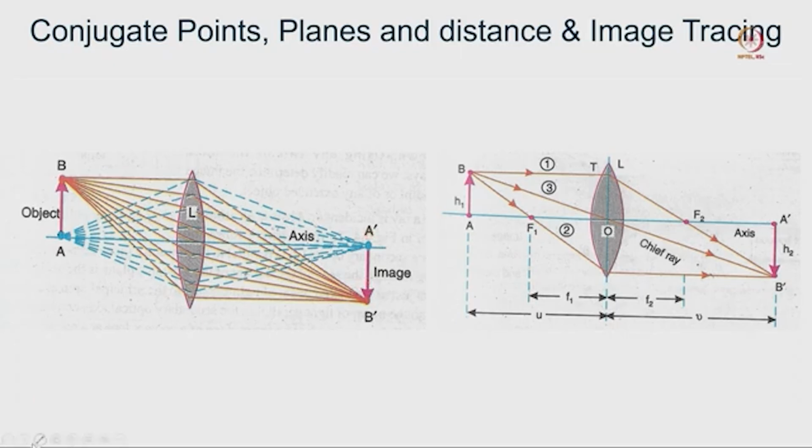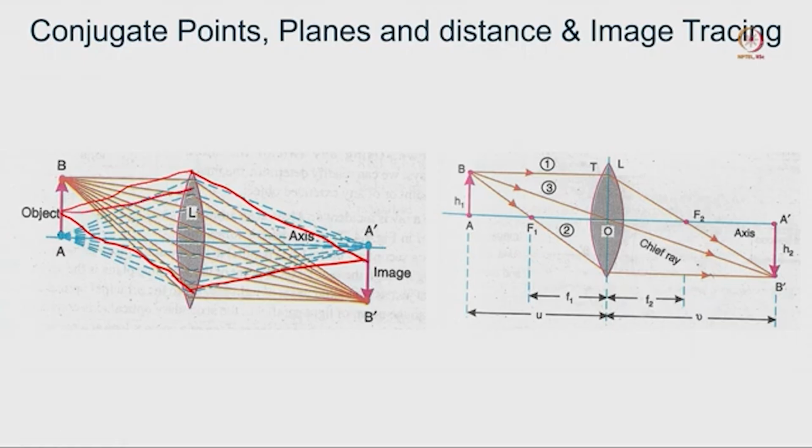And it is forming the image. In this particular case, I just want to add one small thing: rays are coming from all points of this object. If I consider some rays coming from this particular point, they will go through this lens, and then they will all converge in one particular point.